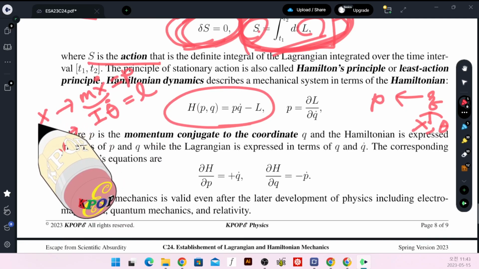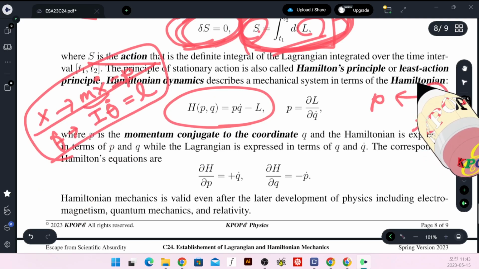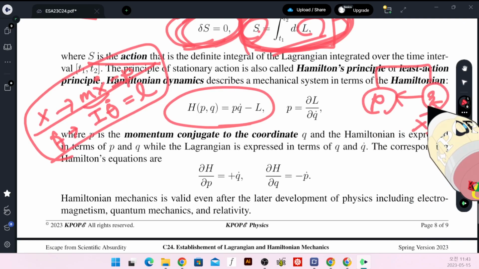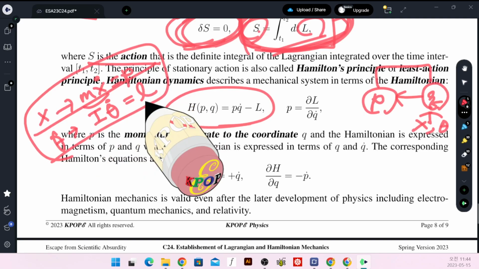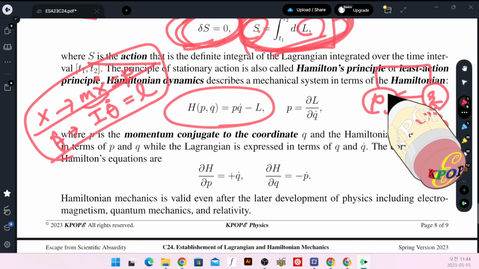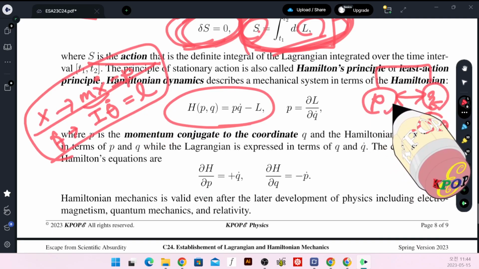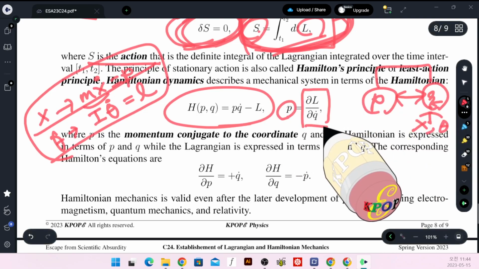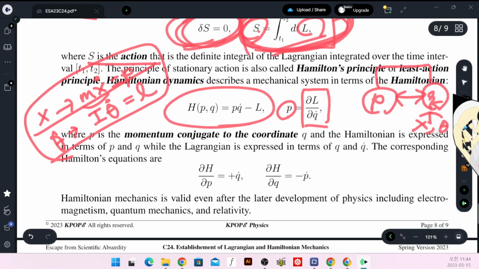For any case, we have simply the correlation between Q and P, between any coordinate, whether it is dimensionful or dimensionless, just like an angle. The relation between the coordinate and the conjugate momentum was found, and that conjugate momentum can always be found by taking the partial derivative of the Lagrangian with respect to the velocity of that coordinate.